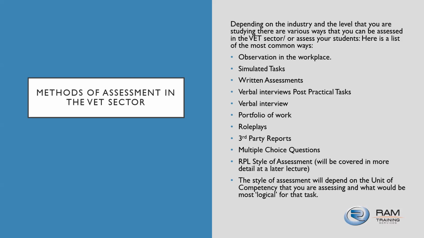Okay. Next one, we've got third-party reports. Now, third-party reports are basically a testament or a list of statements, or a list of qualities, characteristics, or tasks that somebody else, maybe a workplace supervisor, would sign off to say, yes, this staff member can and does do these things listed on this report, and then signs at the bottom to verify that, yes, this person in the past or currently has done those things.